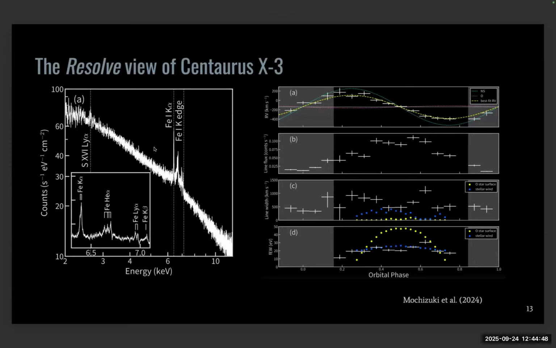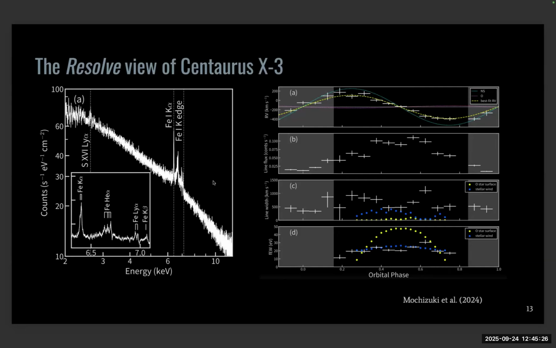So here's the XRISM resolved spectrum on the left, and you can already see at first glance that this looks fundamentally different from the Cygnus X-3 spectrum, in that you see a narrow iron K alpha feature, and you basically only see these emission lines of iron, not the strong absorption and P Cygni line profiles that I showed you for Cygnus X-3.